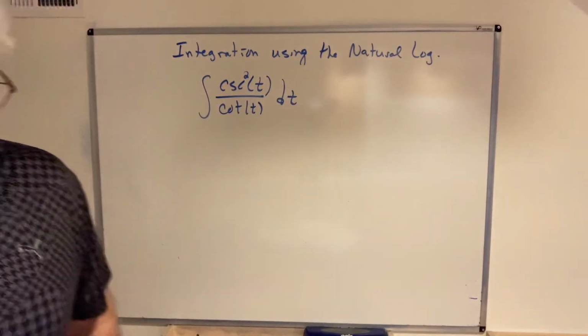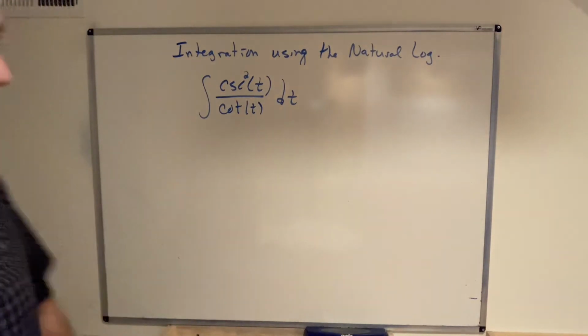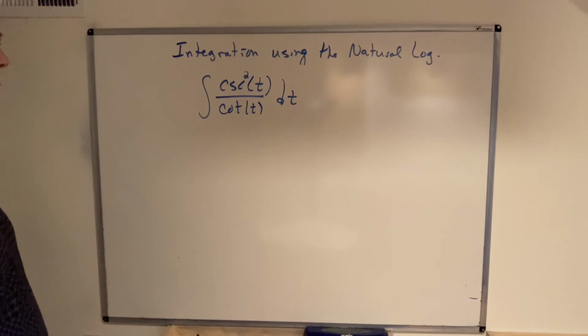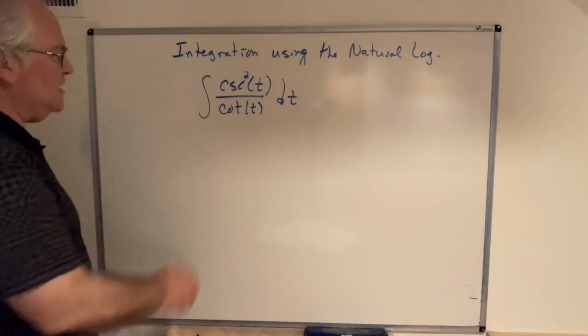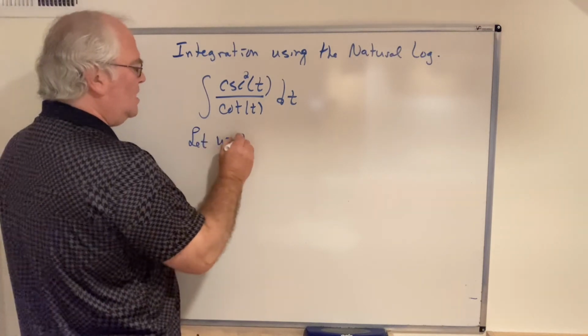I have the antiderivative of cosecant squared t over cotangent t dt. We could throw a lot of trigonometry at this, but what we can do here is let u equal cotangent.